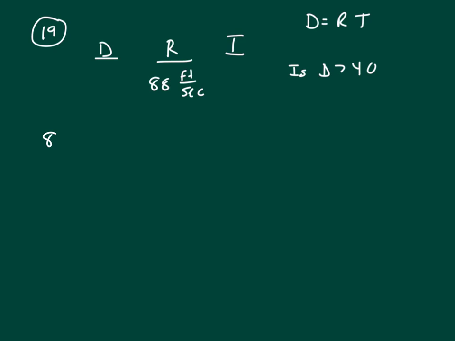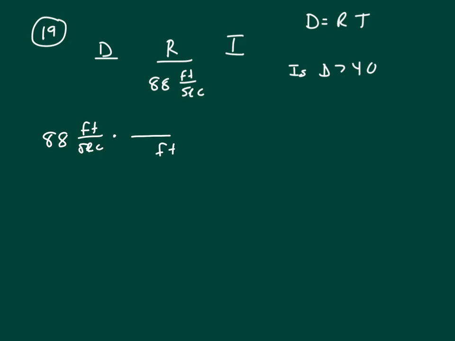So if you have 88 feet per second, let's change this. We could do it all at once, and I guess I would on the GMAT, but here for explanation purposes, I'm going to do it in a couple of steps. So let's change this to miles first. So I need feet to cancel out.